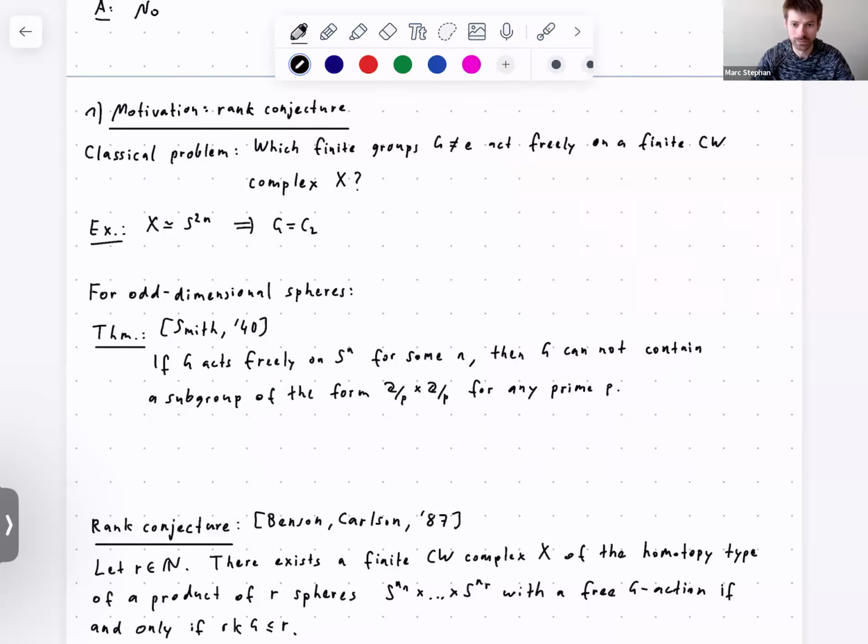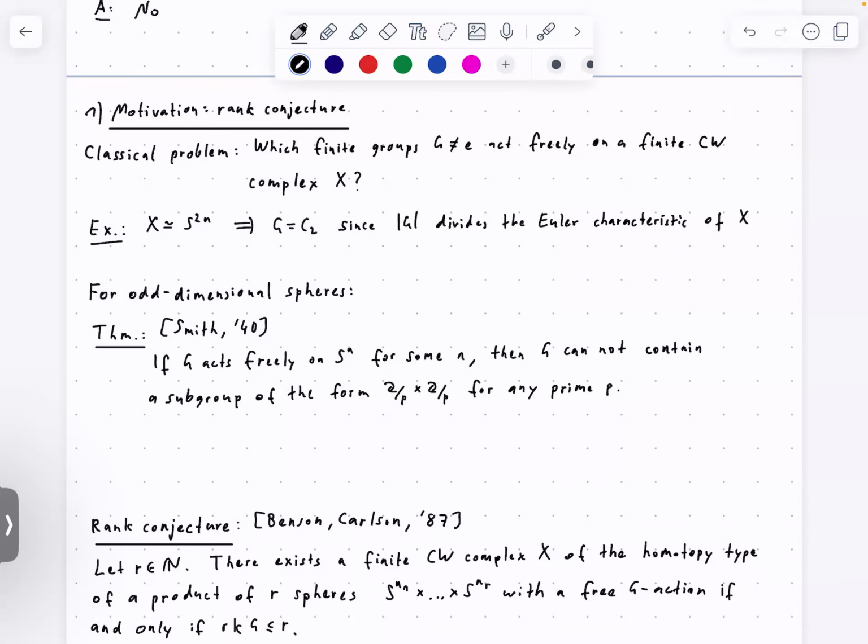And this has a very easy justification, namely the order of the group has to divide the Euler characteristic. So if X is homotopy equivalent to a two-dimensional sphere, then we only have the cyclic group of order 2.